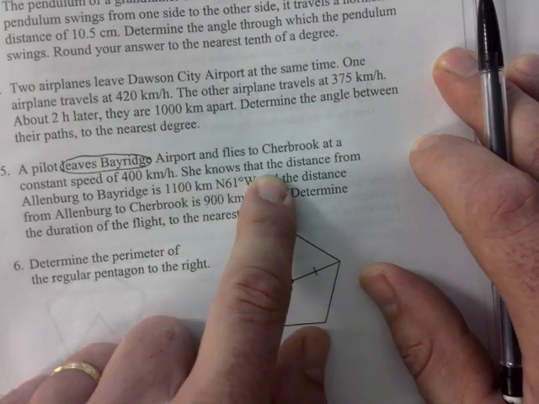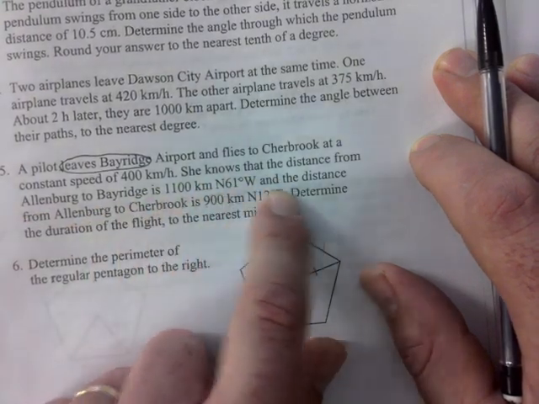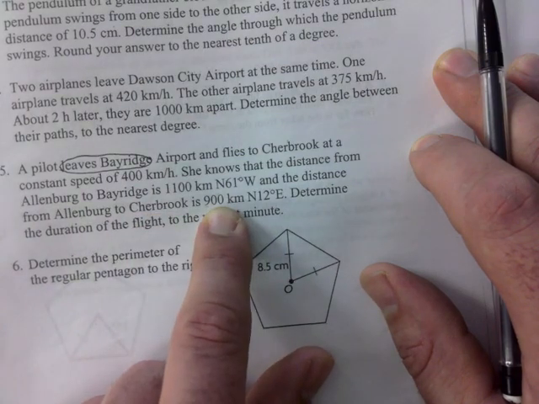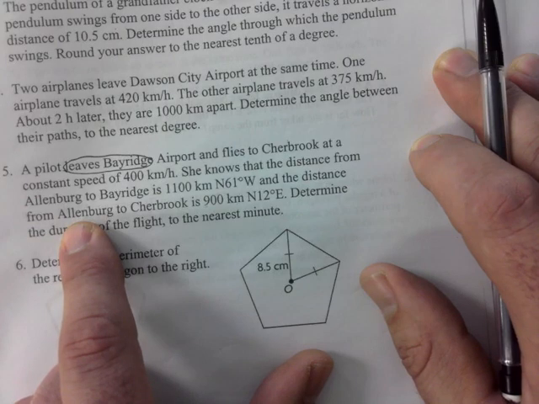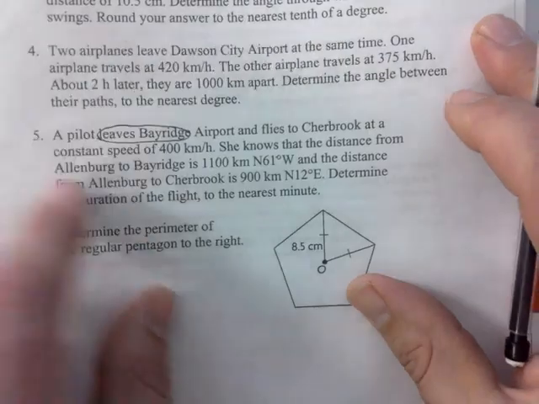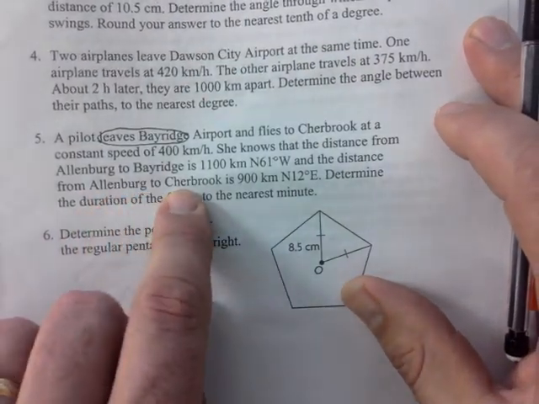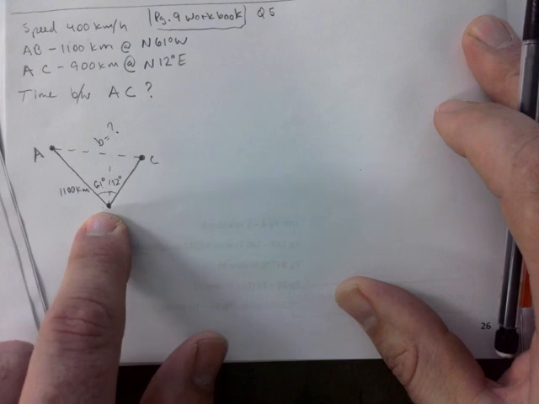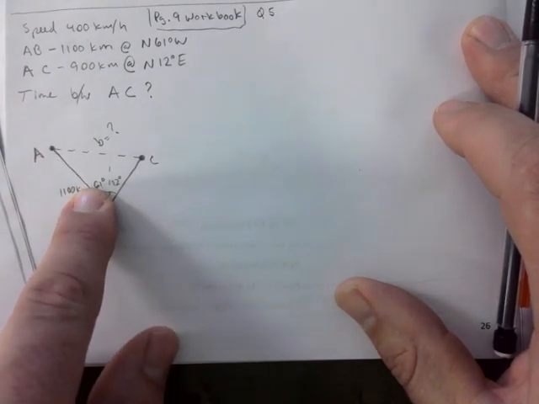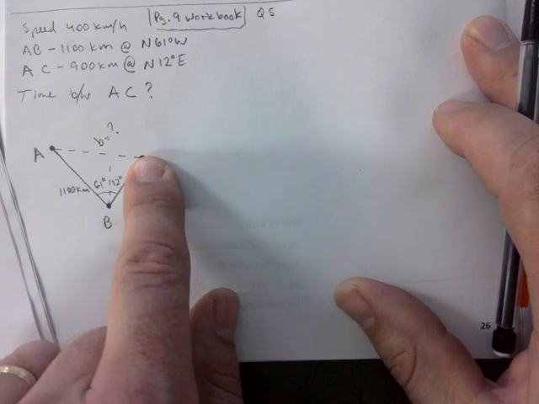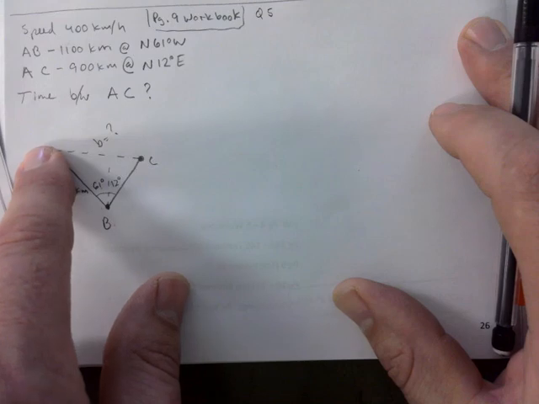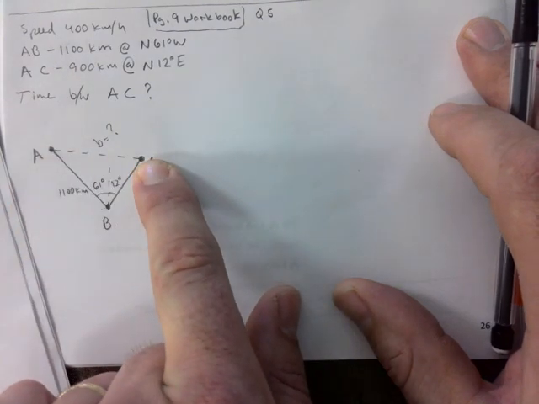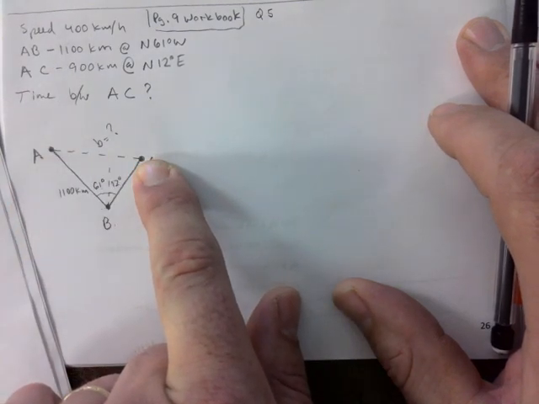It just starts with she knows that the distance from here to here is this, and the distance from here to here is this, north. This should have probably said Bay Ridge to Sherbrooke. Because if you're at Bay Ridge, you know this distance at that, right? And you know also that from here to here is 900, right? That's what it should have read, because it doesn't tell you that you're flying here, turning, and then going this way, right? It just says she knows.